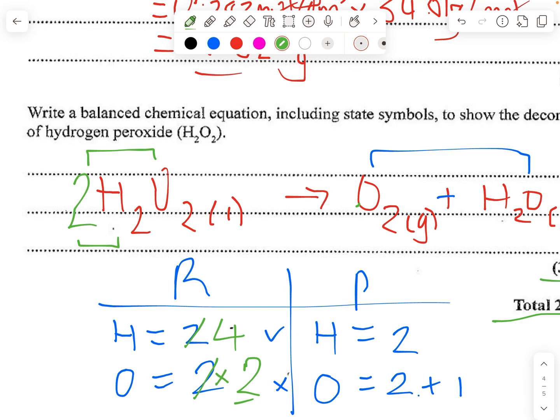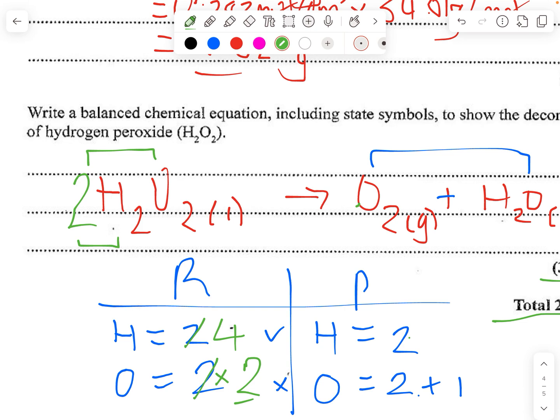So now we can actually try to balance the hydrogen out before we look back on the oxygen, because oxygen is a bit complicated to balance. So we have 4 hydrogens here, and we have 2 on our product side. We need to get them to have the least common multiple, and the least common multiple between 4 and 2 is 4.